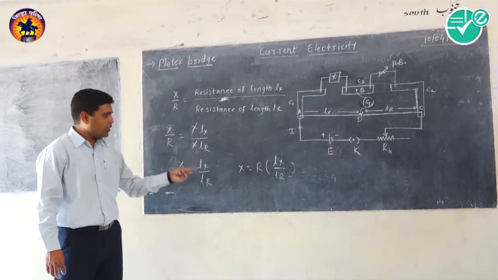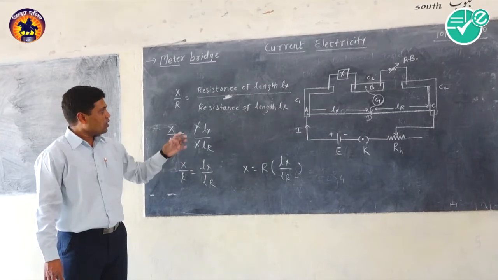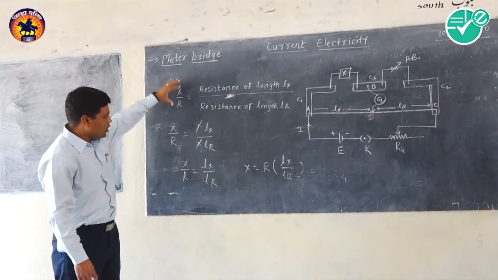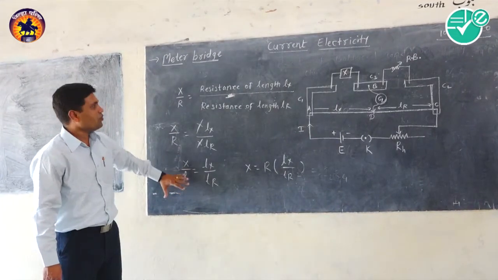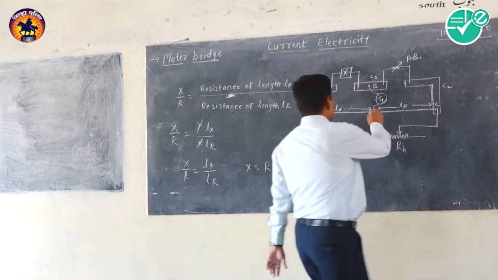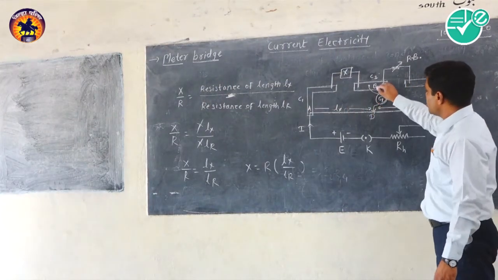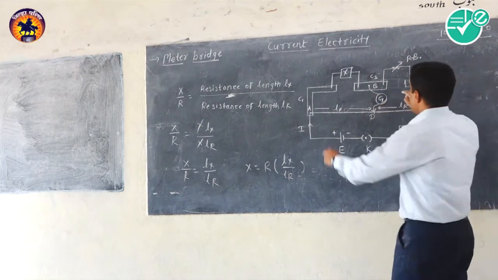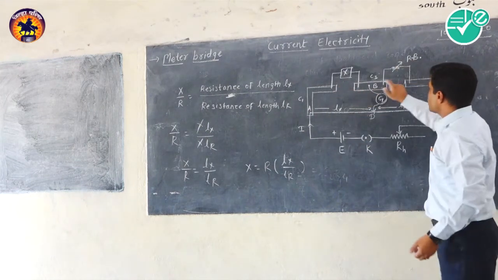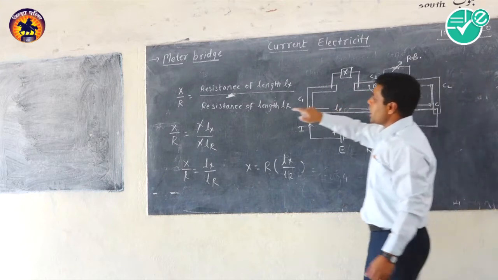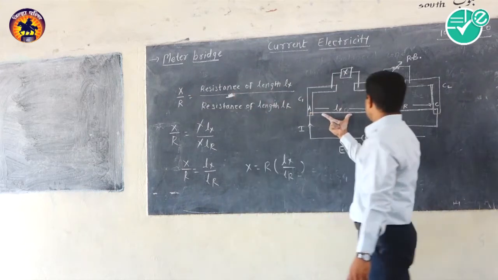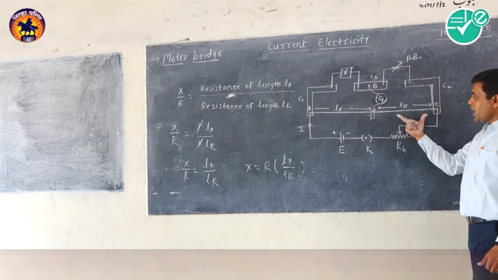Just before concluding, I will once again repeat this mathematical expression. When you get the null point, the bridge is balanced. At that condition, as in the case of the Wheatstone bridge, when the bridge is balanced, X by R equals the resistance of this length to the resistance of length Lr.